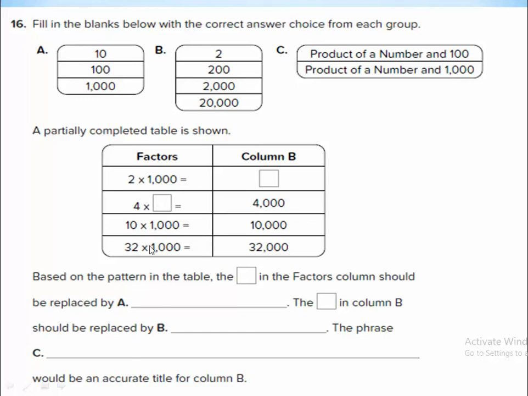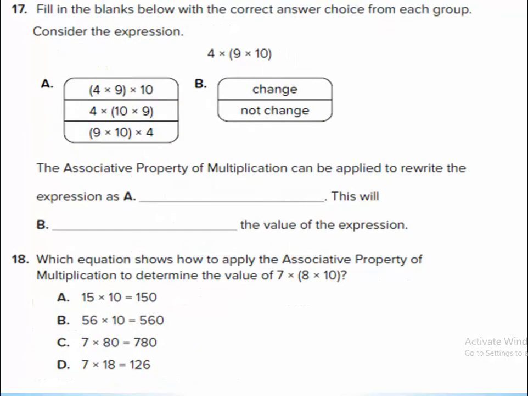We will choose 1,000. And the space in column B should be 2 times 1,000 equals 2,000. And the right statement is product of a number by 1,000.